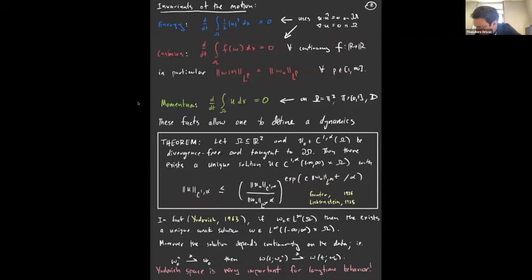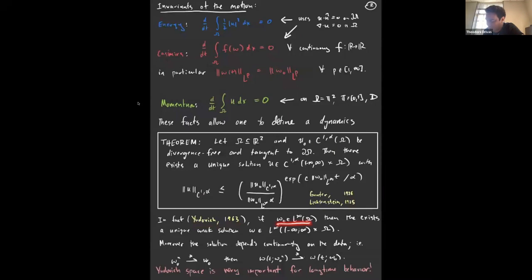Now, we're going to come to this point a bit later, but it matters a lot what topology you're talking about the solution in if you're interested in the behavior at long time. This C^{1,alpha} phase space is not compact for the solution because it can leave it at infinite time. But a very important space for which the dynamics are compact is this Yudovich space.